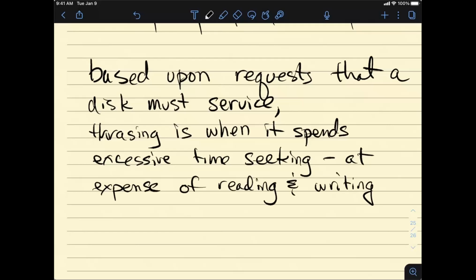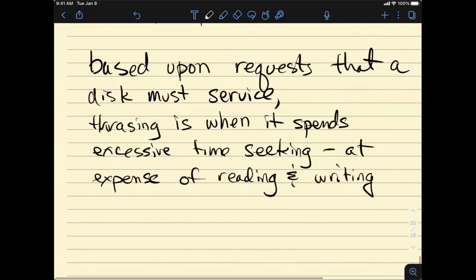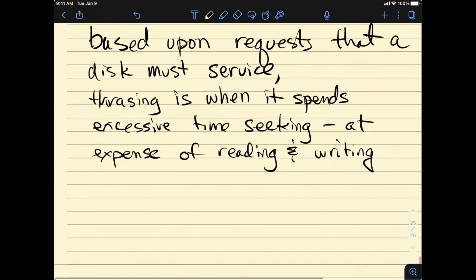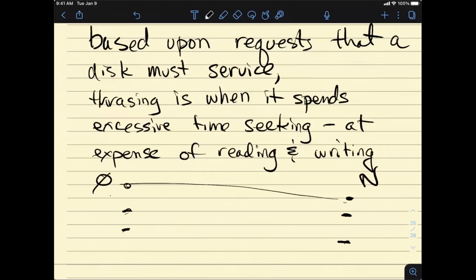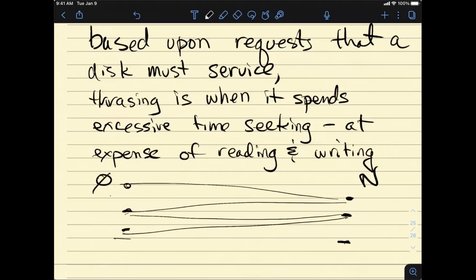So if this were block 0 of your hard drive, and this is block N, the last block of your hard drive, it's possible to get lots of requests here, and then a request here, and a request here, and here, and here. So unfortunately, the disk heads are going to be doing this sort of thing.